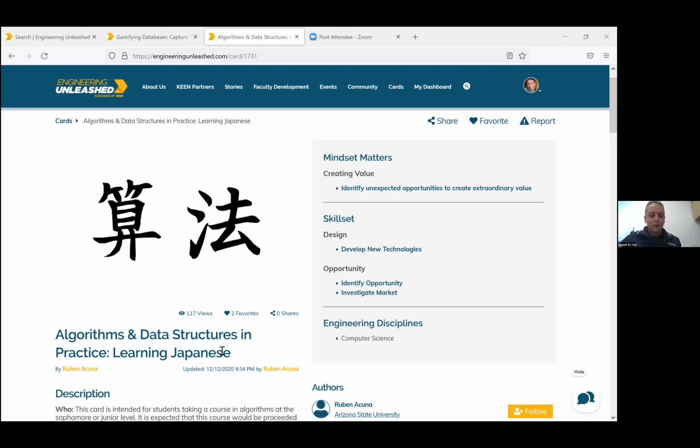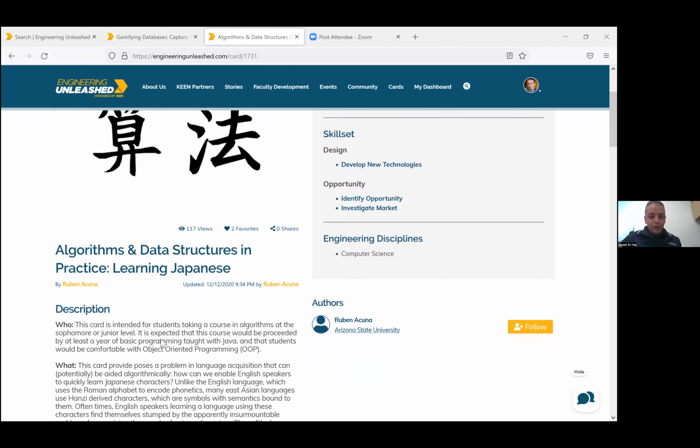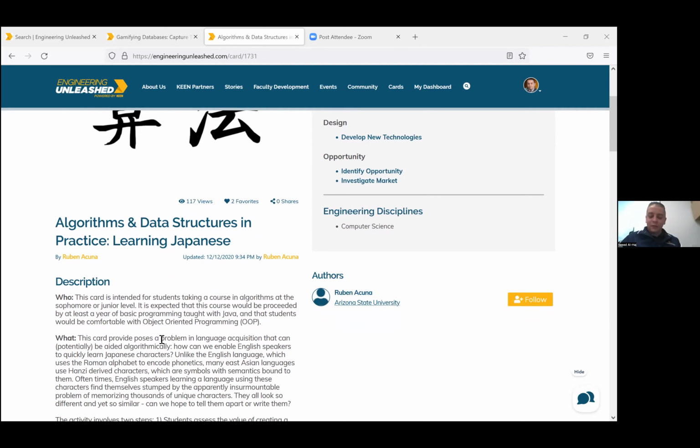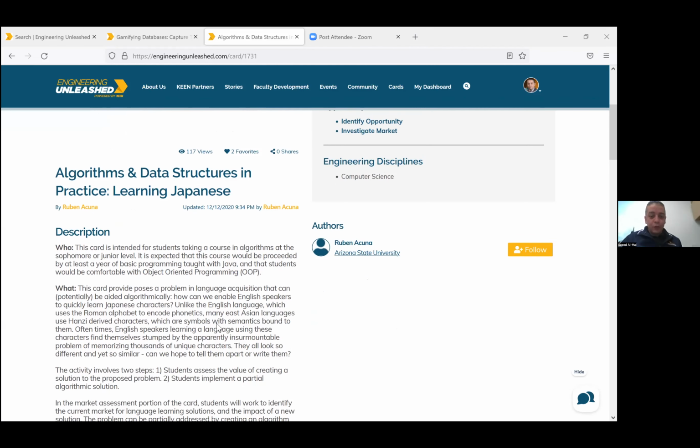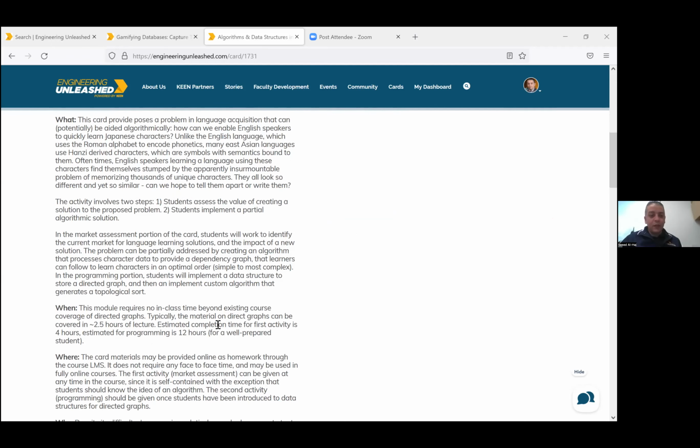Learning Japanese. Okay, Japanese. How is Japanese related to algorithms and data structures? So it hooked me. So I started reading the description. Oh, okay, yeah, it looks like an interesting idea about a project created by Dr. Ruben Acuna from Arizona State University. So all the description is mentioned here, all details.